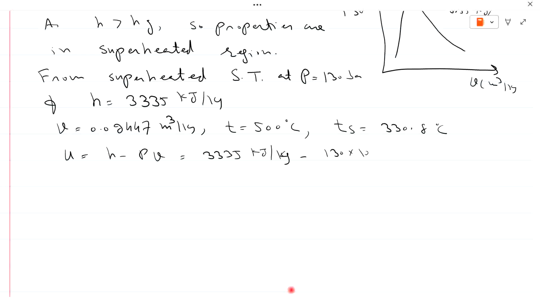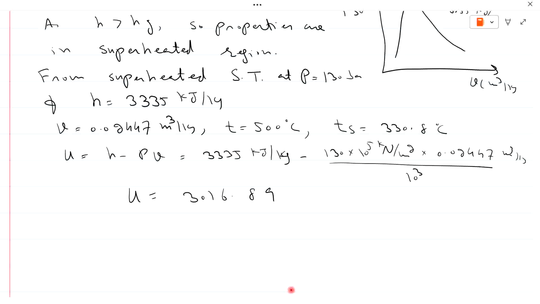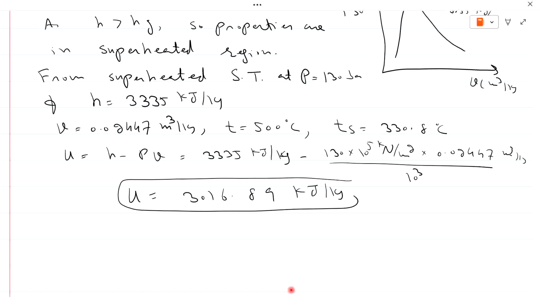Convert bar into Newton per square meter, and the specific volume is 0.02447 meter cube per kg. If you calculate this unit, it will be joule per kg, so convert this into kilo by dividing by 10^3. So U is equal to 3016.89 kilojoule per kg.